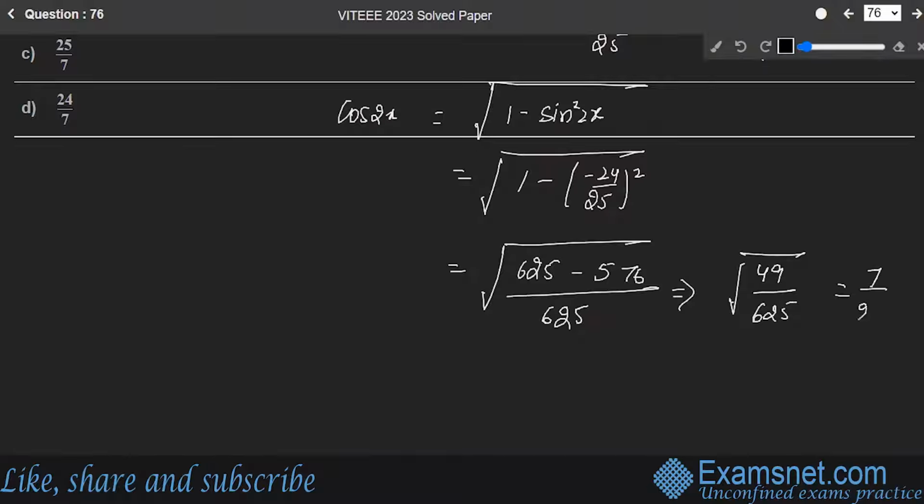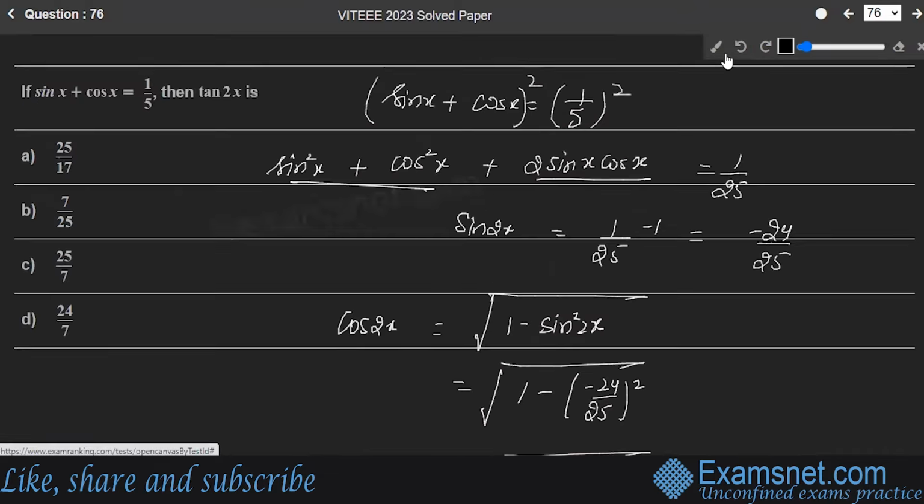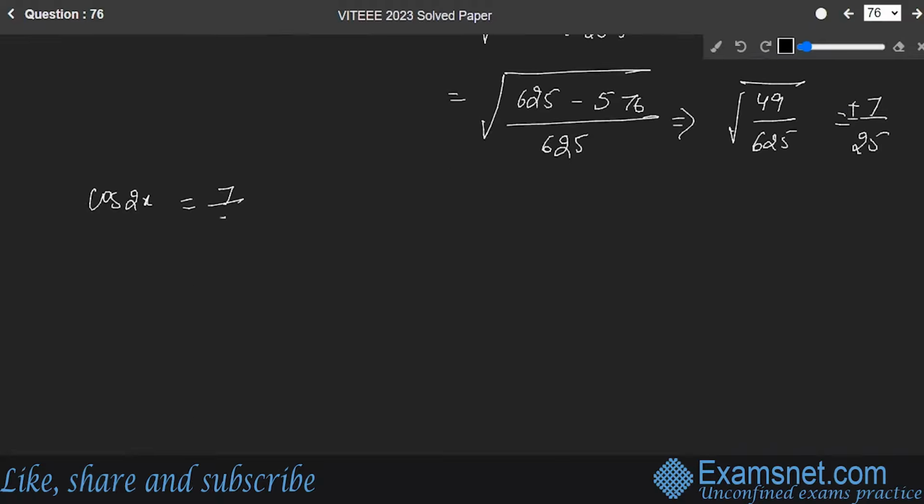That is equal to plus minus 7 upon 25. Right. Now cos 2x can have this value, or cos 2x can have minus 7 upon 25.